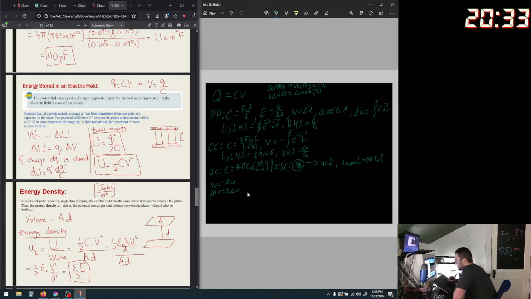With these two noted, we can say that U equals Q squared over 2C equals 1/2 CV squared. Okay.